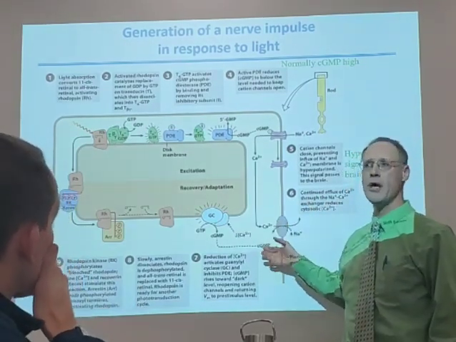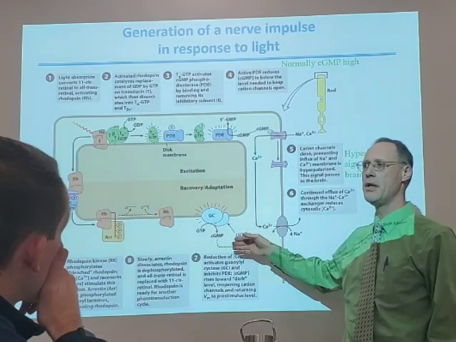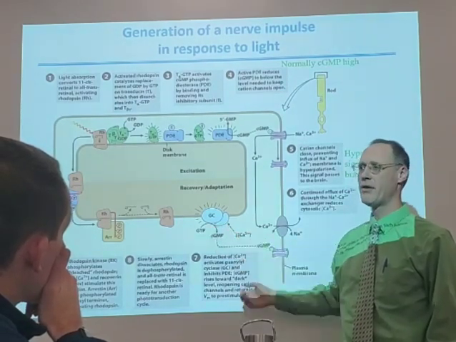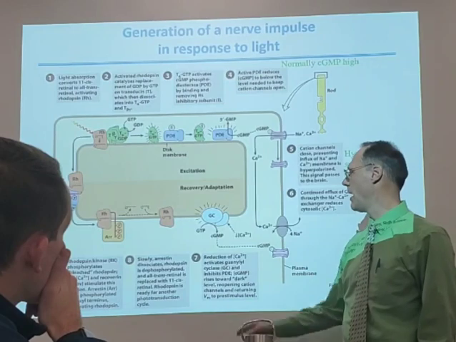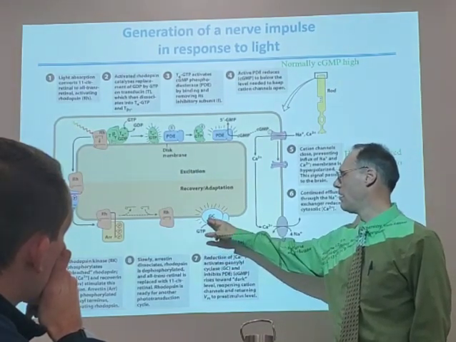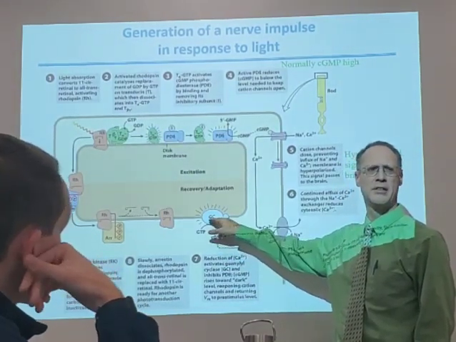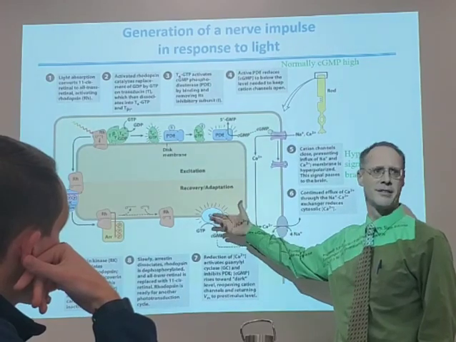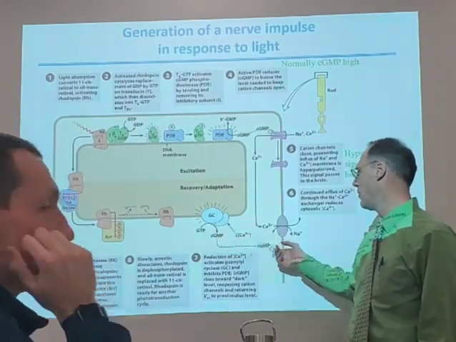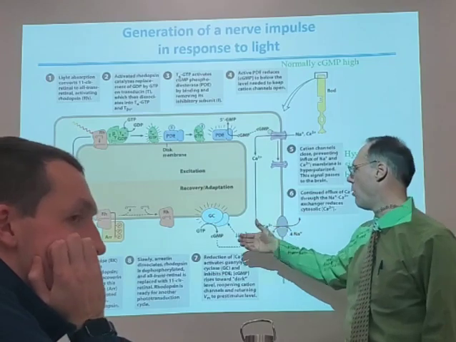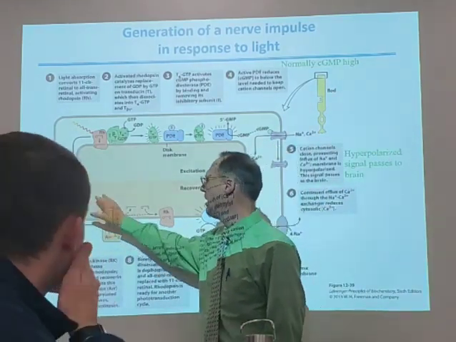If I am going to reopen it, I'm going to need to, again, turn on my, what are we doing here? This is not an AC, this is a GC, guanylyl cyclase, to make my cyclic GMP, and then ultimately that'll open it. What is this right here?